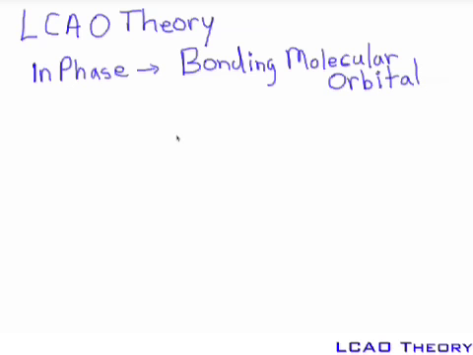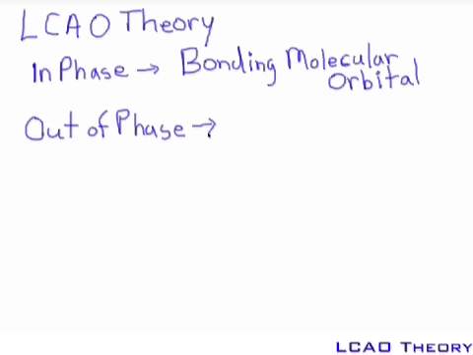But when the two atoms approach each other and the atomic orbitals overlap out of phase, interference occurs.